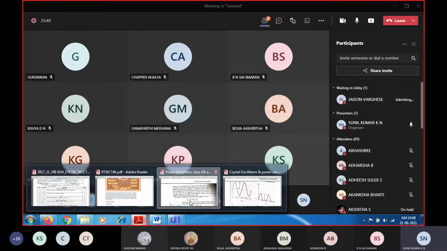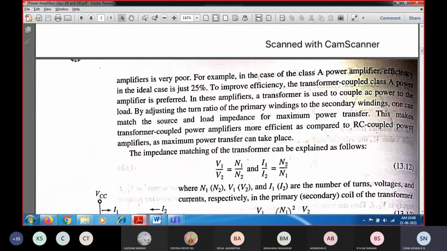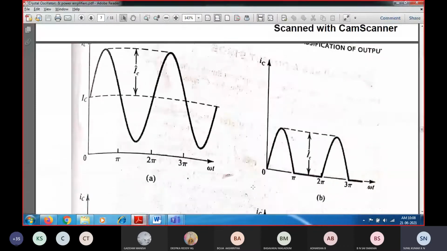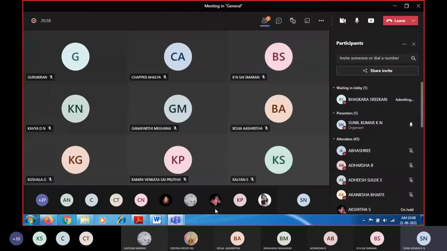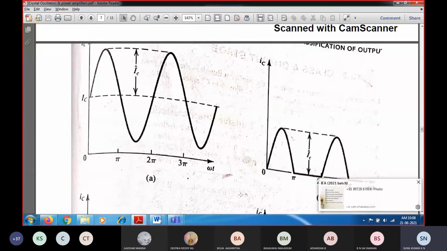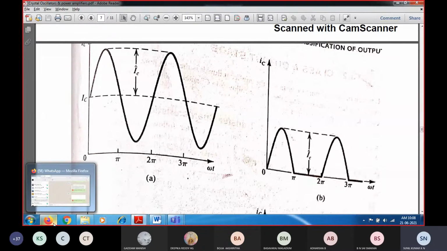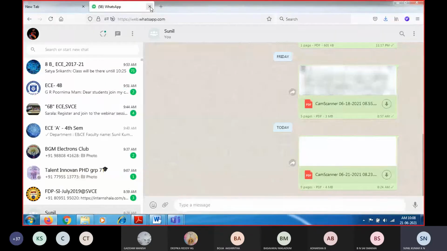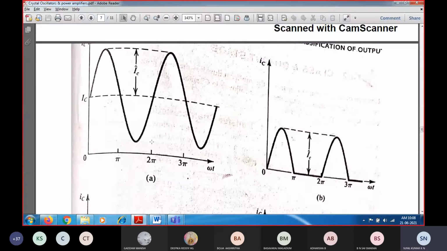If the operating angle is a complete 360 degrees, such that when you operate the power MOSFET or power BJT amplifier the selection of Q point is around the center of the load line, then you will be getting a complete cycle of the output signal for a given input signal.